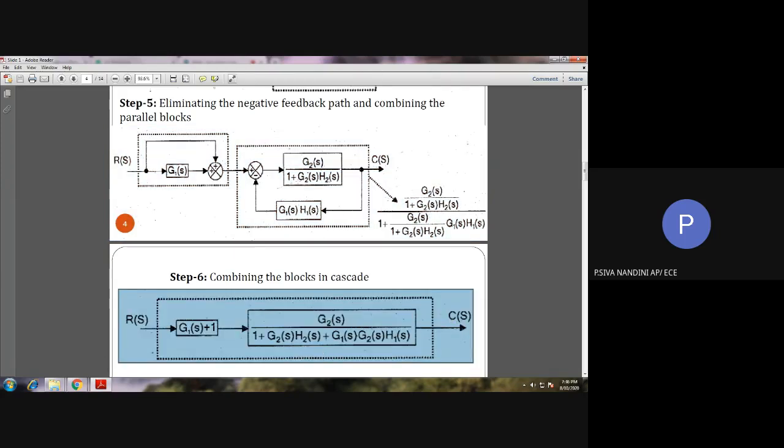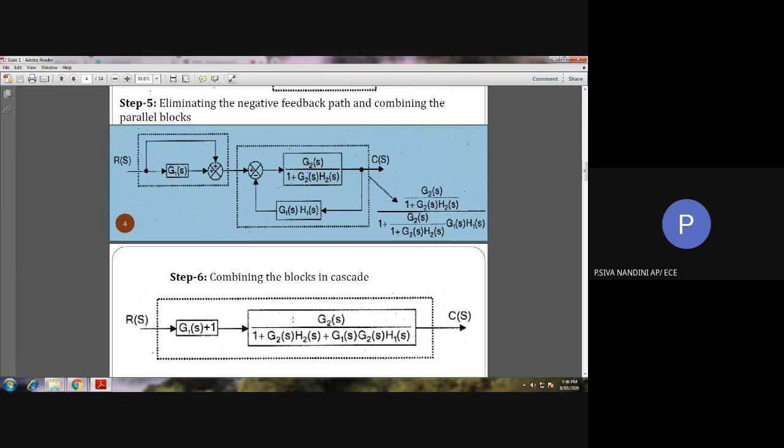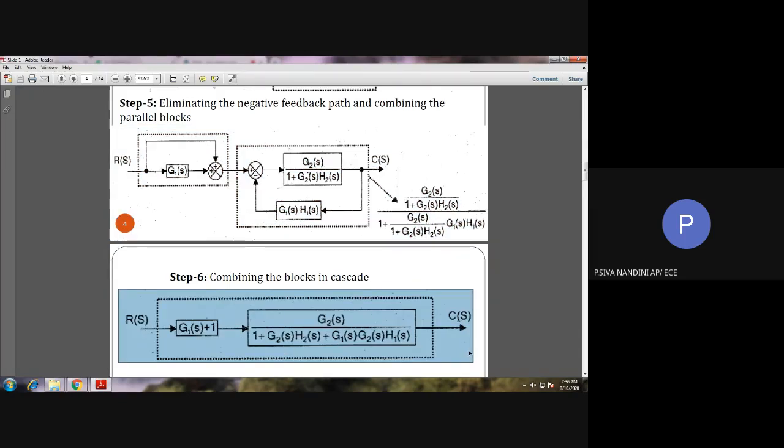So from step 5 to step 6, we have eliminated this parallel block as well as this negative feedback loop. Thus, we have obtained the block diagram shown in step number 6. Clear?